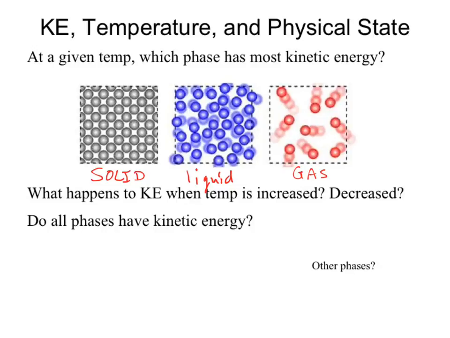In the case of a solid, that movement is so very small that we don't detect it and we assume that it's nothing. But it is still moving. When we move to gases, we've got what? More or less kinetic energy? More, because it's moving a lot more. So remember, kinetic energy, for all intents and purposes, is just motion. So if we've got a gas, we've got a lot more motion. Okay? What happens when we increase the temperature?